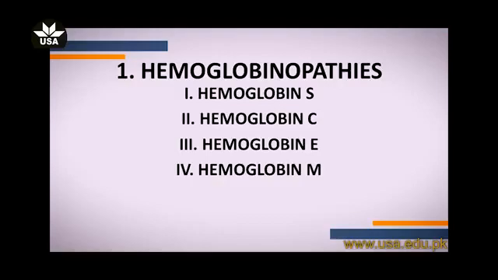Now let us understand what hemoglobin M is. It is the normal hemoglobin present in the form of methemoglobin. It occurs due to mutation of the genes of both alpha and beta chains. It means that if alpha and beta chains both have mutations, then it is present in the form of methemoglobin, and it results in abnormal replacement of amino acids.